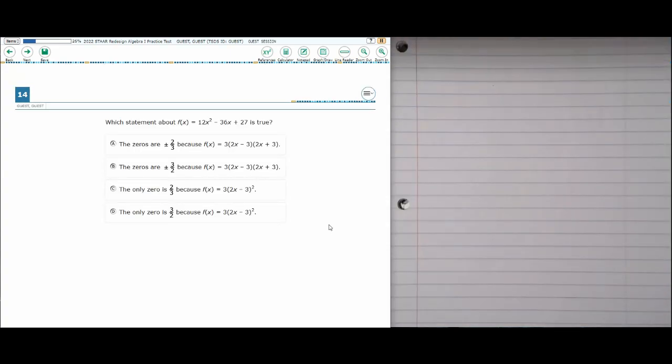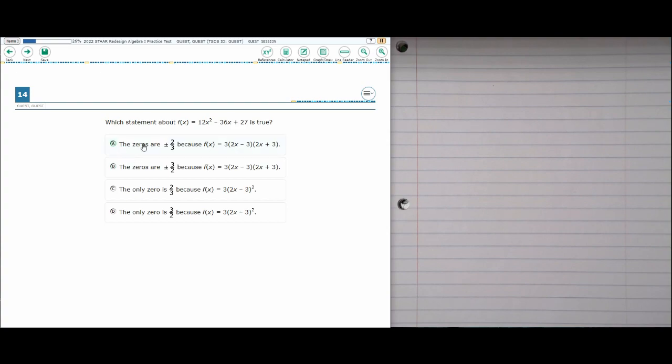On number 14, notice it says which statement about f of x is equal to 12x squared minus 36x plus 27 is true. So we have 4 different statements. I would always say read the statements first and then go back and try to see if you can figure it out.